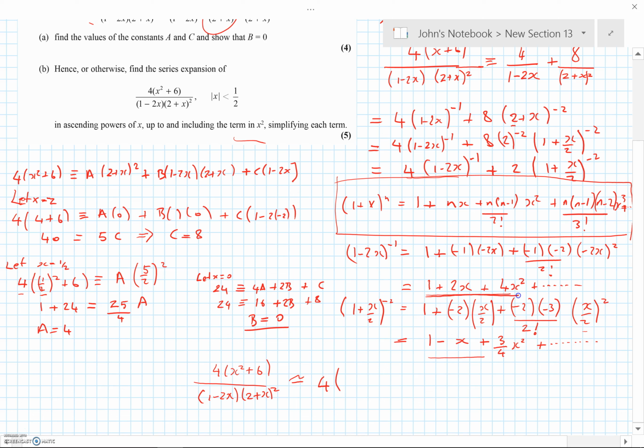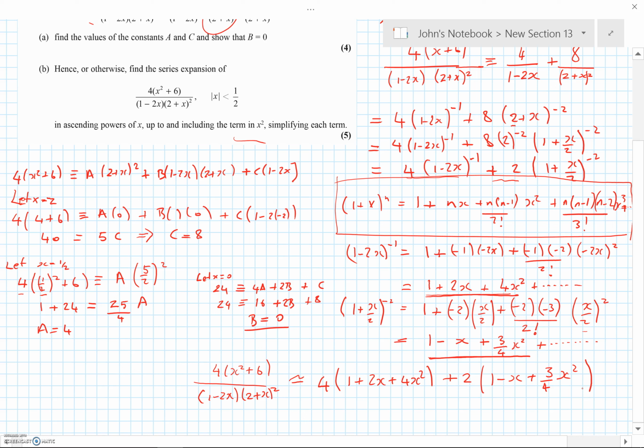It's 4 times (1 plus 2x plus 4x squared). And then we've got plus 2 times this. So that's 1 minus x plus 3/4 x squared.